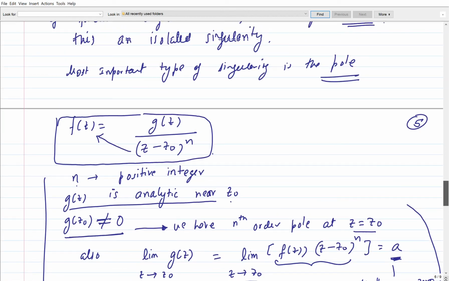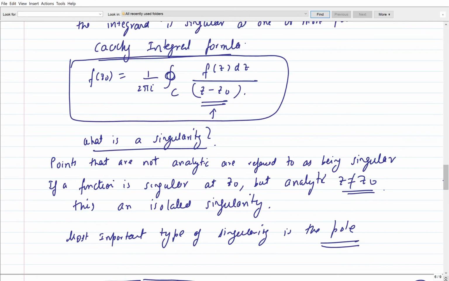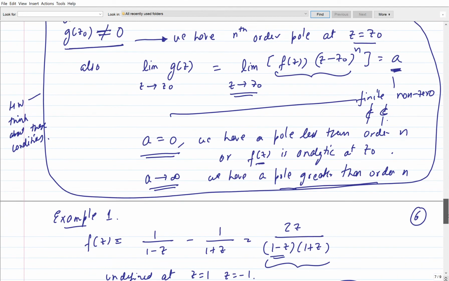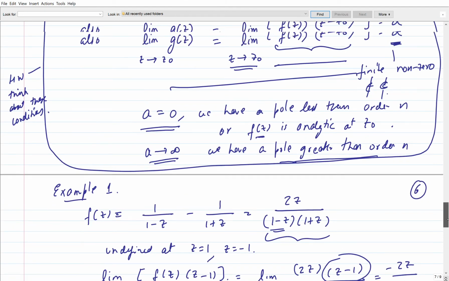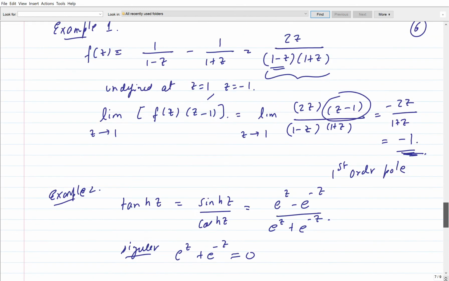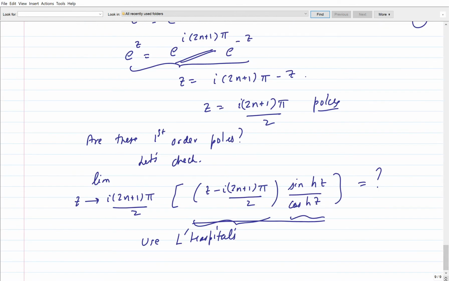This is the way I see whether or not the limit of fz times z minus z0 to the power of n as z goes to z0 is finite and non-zero. When I evaluate using L'Hopital's rule, because this guy is in the form of 0 by 0 or infinity by infinity, I get the answer to be 1, which is again a non-zero complex number. So therefore these are first order poles.